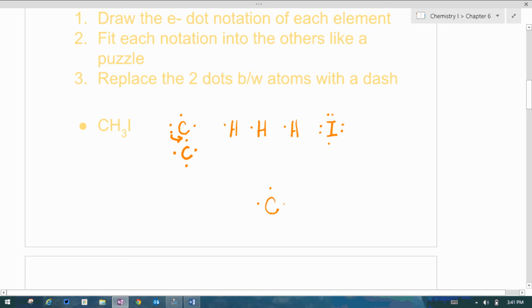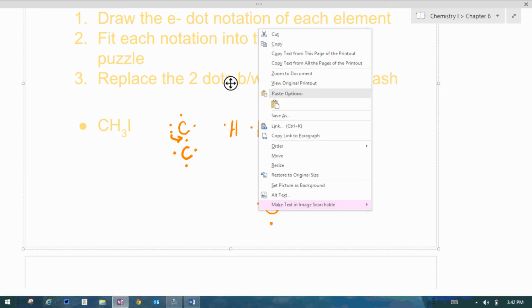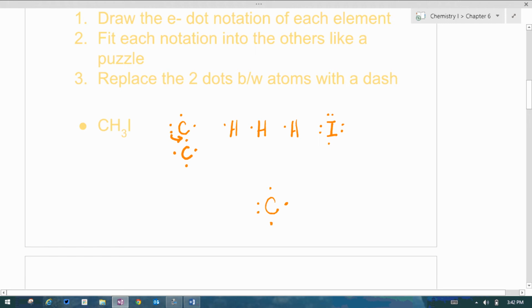Okay, so I'm going to redraw carbon here with its 4 dots, 1 on each side. And then I'm going to fit into it all of my other little puzzle pieces, all of my other little atoms. So I'm going to take, and it again does not matter what side you start on, one of my little hydrogens, and I'm just going to start here on the left, and I'm going to fit it right there.